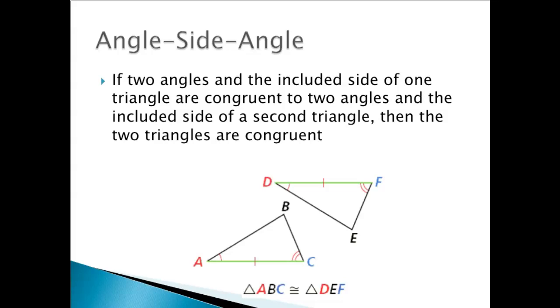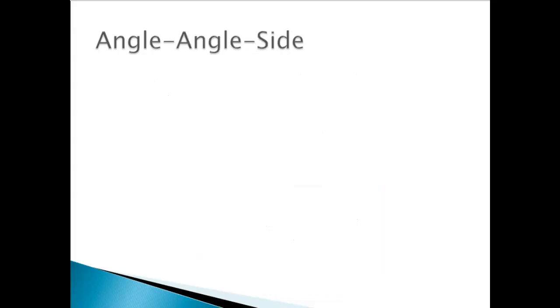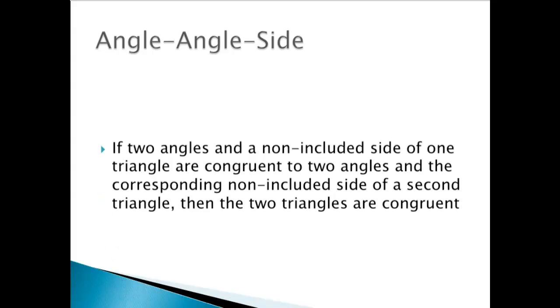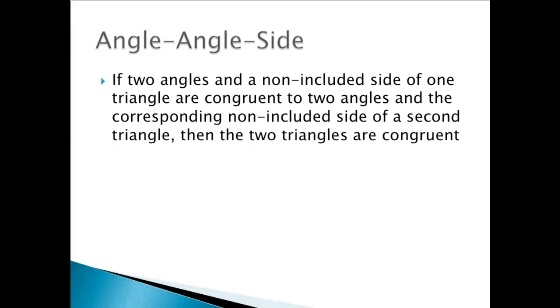The next shortcut is what we call angle angle side. This says if two angles and a non-included side of one triangle are congruent to two angles and the corresponding non-included side of a second triangle, then the two triangles are congruent. Notice how in this case we're stating it as angle angle side rather than angle side angle, which was the last one.